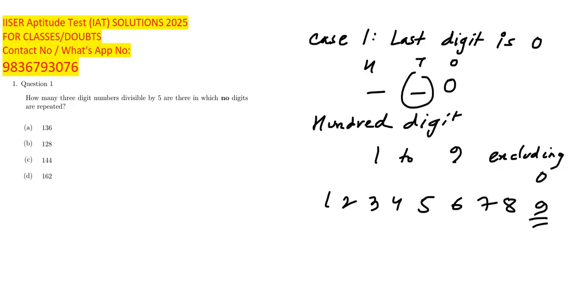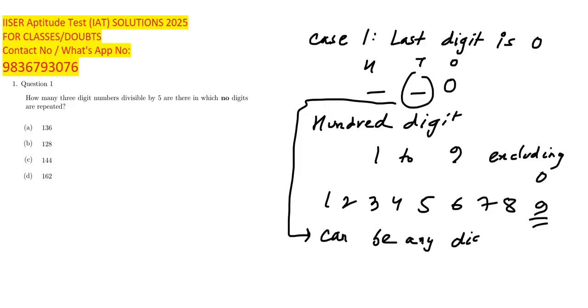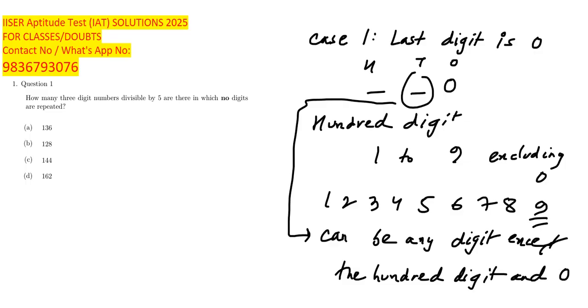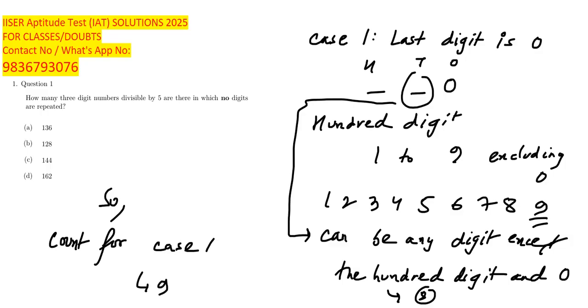The tens digit can be any digit except the hundreds digit, and 0, which we have not selected. So how many options am I left with? 8 options. So the count for case 1 is 9 multiplied by 8, which is 72.